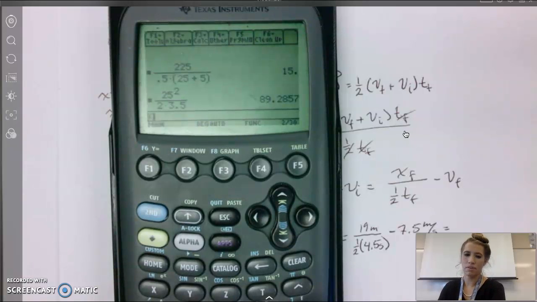So I'm going to put a parentheses for this whole fraction because I want all of that to be minus from 7.5. And then I'm going to say 19 divided by, now I'm going to put another parentheses for the bottom of my fraction here. 1/2 is 0.5 times 4.5. So there's the bottom of my fraction. There's the fraction as a whole. Minus 7.5.